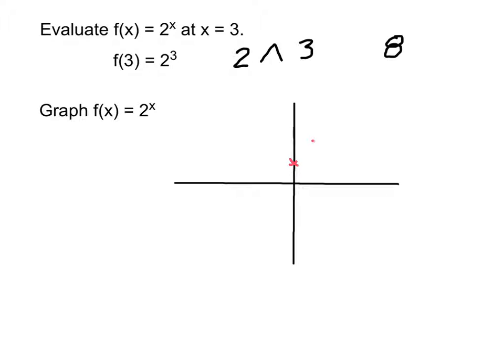So that's going to put it up here. If x equals 2, your answer is 4, which is going to put it way up here. If x is equal to minus 1, you've got 1/2, which puts it down here. And bottom line is we can get our graph and get a rough sketch and find that it's going to look something like that.